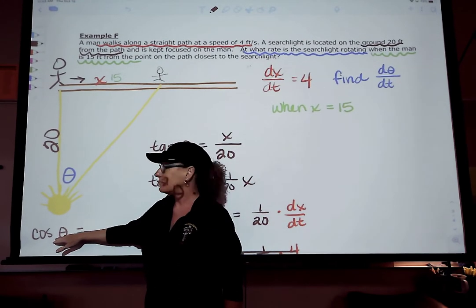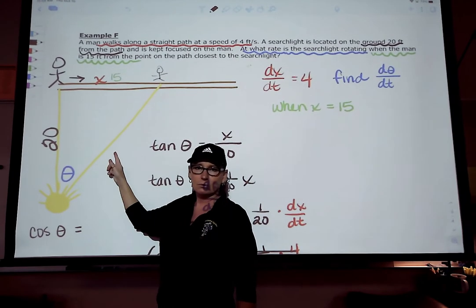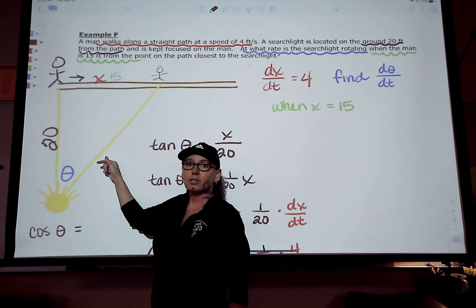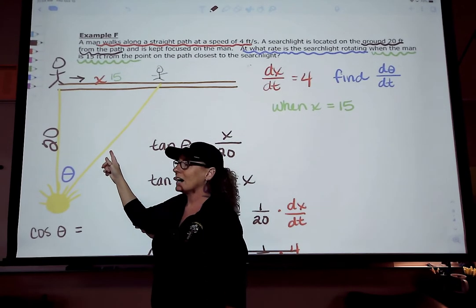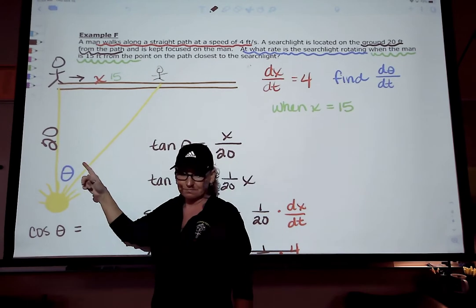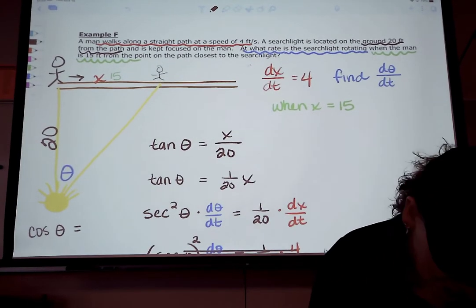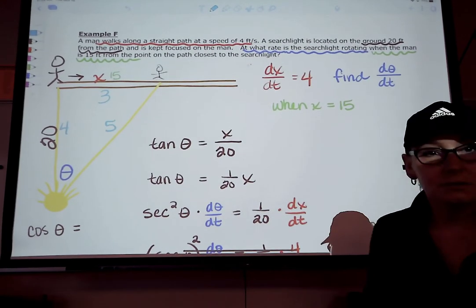Cosine is adjacent over hypotenuse. Oh, no big deal. You can do Pythagorean theorem, or you can recognize that you've got a triple here. I know the triple that you like to think of is like 3, 4, and 5, right?